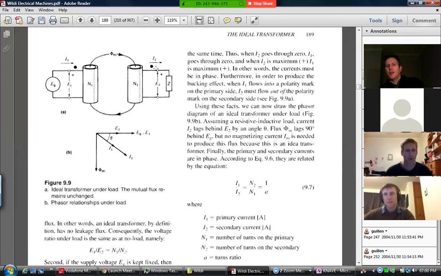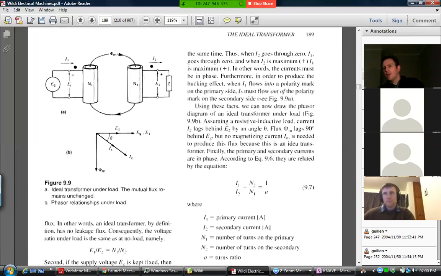Yeah. Okay, and in a real transformer, we'll see that this voltage here dips a little bit, but in the ideal one, that voltage is completely fixed because it's just equal to the primary one times the turns ratio. So if you put a smaller impedance here, and you go I equals V over Z, you'll draw more current, and the voltage is the same, so power is the product of volts times amps.